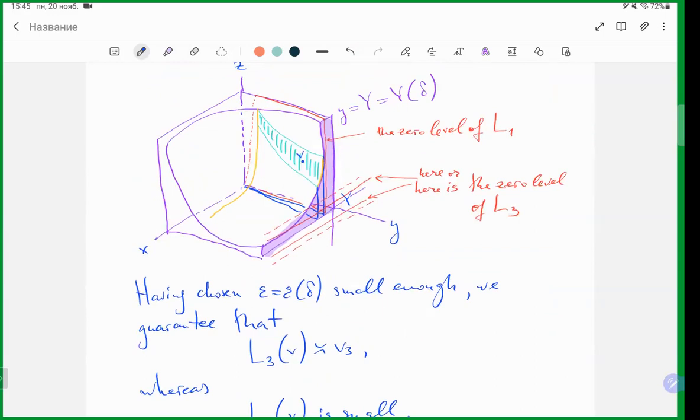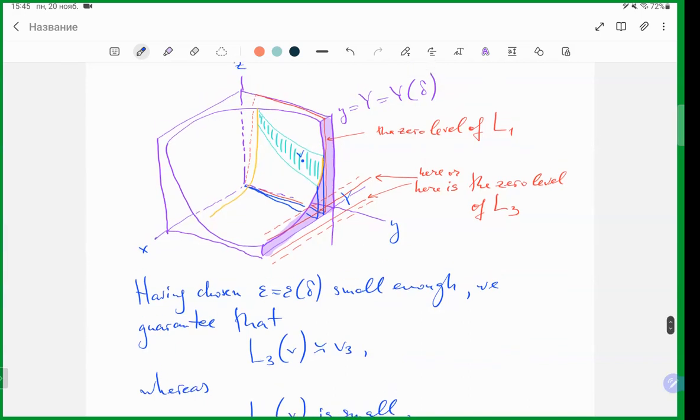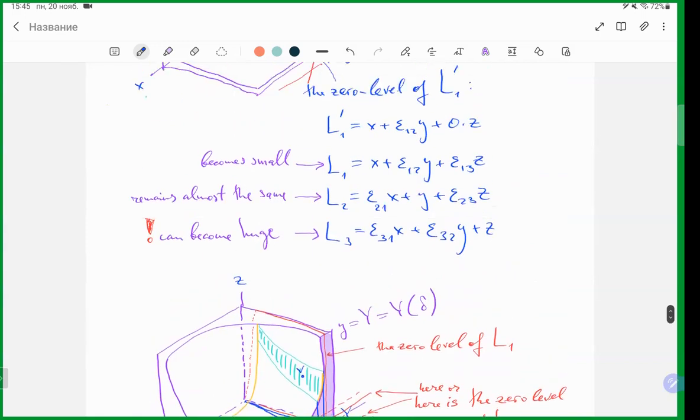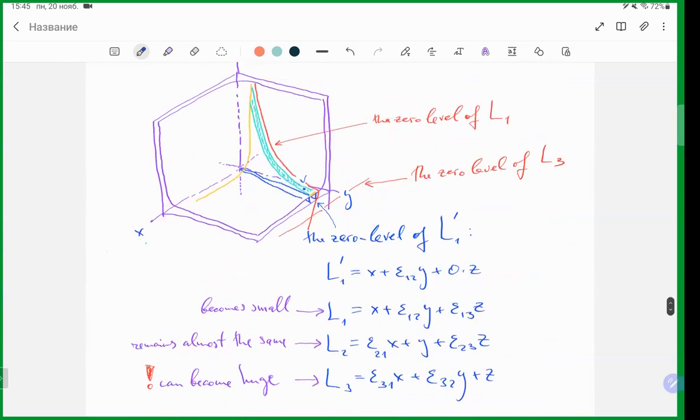Now, why is it obvious? Well, because it is reasonable to copy this zero level. Okay, this one, copy.